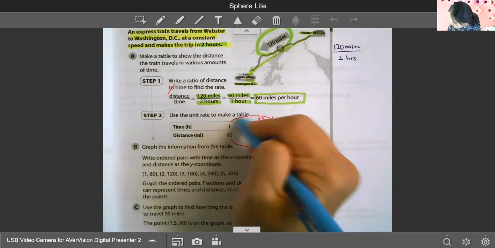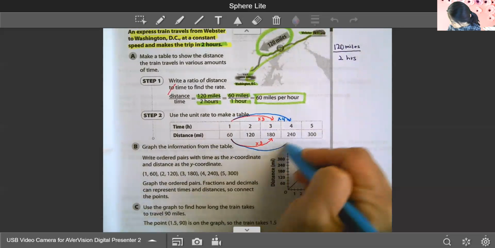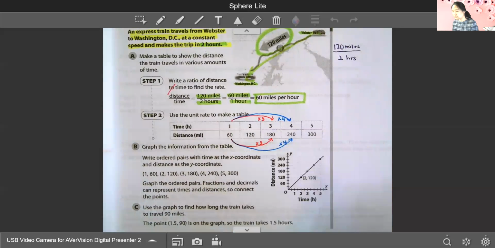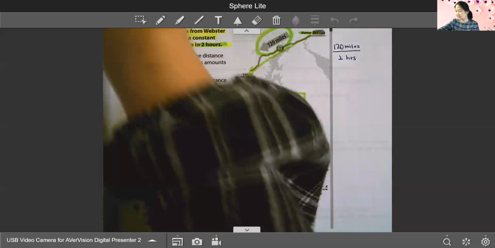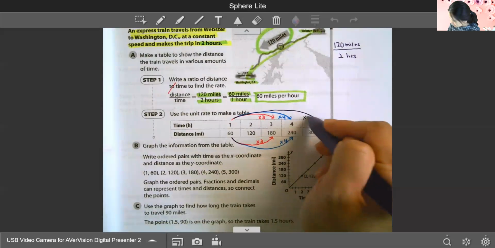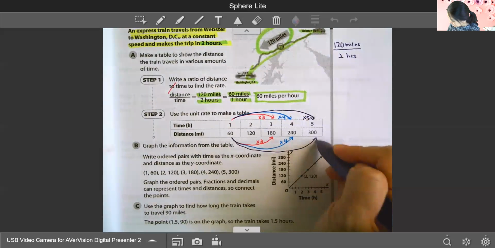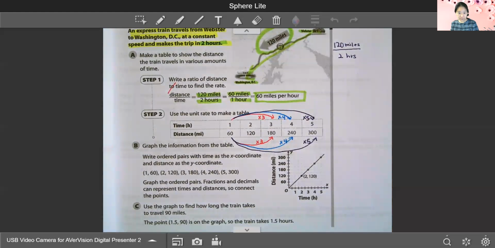And then obviously multiplying by 4, 60 times 4, 4 hours, 240 miles. And then finally, 5 hours, 60 times 5, 300 miles in 5 hours.